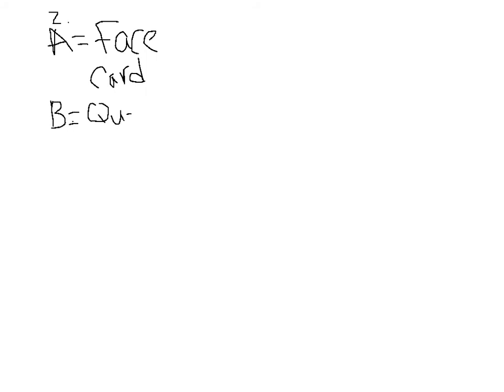And so then let's talk about what's the probability that it's a queen and a face card? Well, that's 4 out of 52. There's 4 queens, and those are face cards. So 4 over 52, divided by the probability that it's a face card.